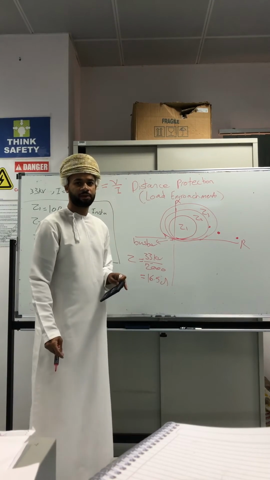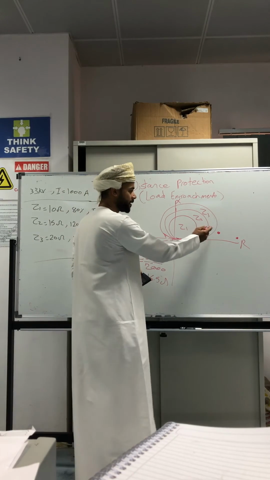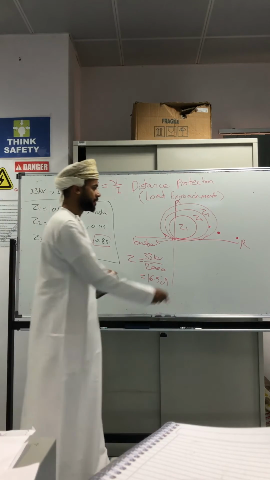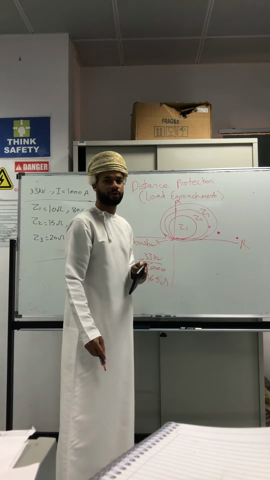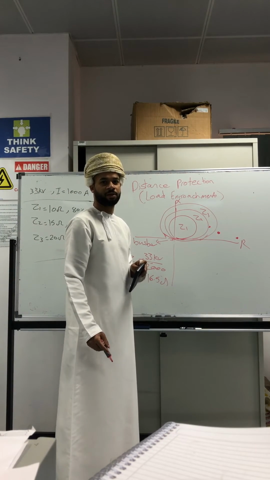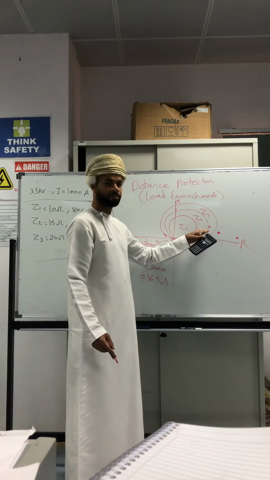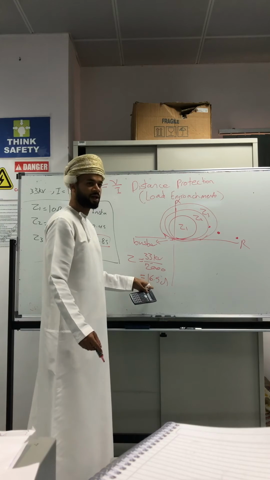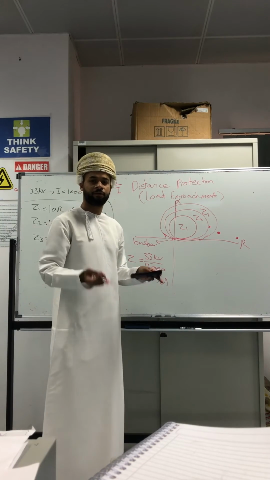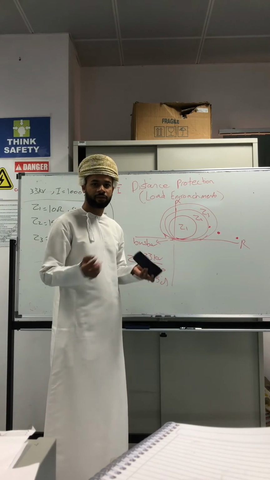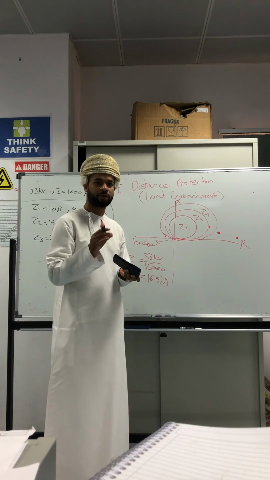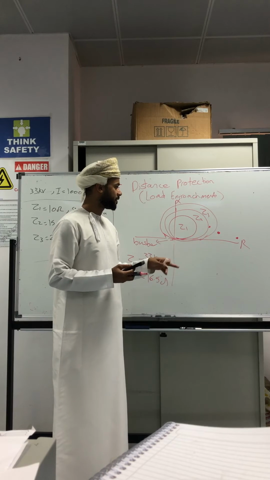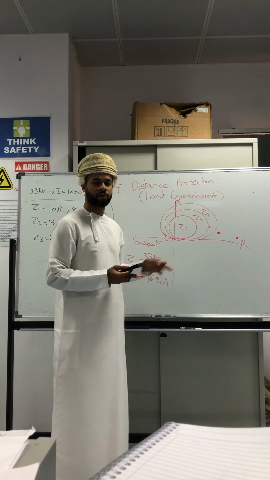So after the setting time of 0.8 second, the distance relay will trip unnecessarily. Why? Because the distance relay is looking at this value, and as you know, heavy load should not be considered a real fault. So the distance relay should be blocked and not trip. But in this case, the distance relay could trip.